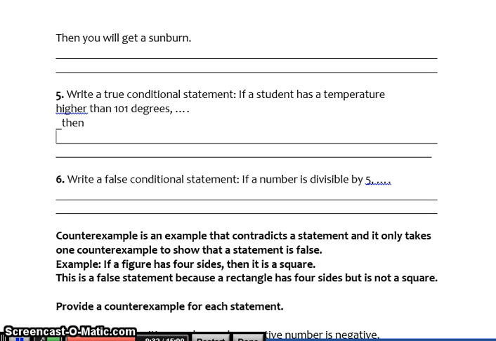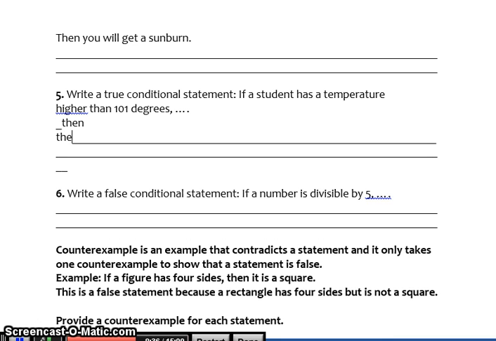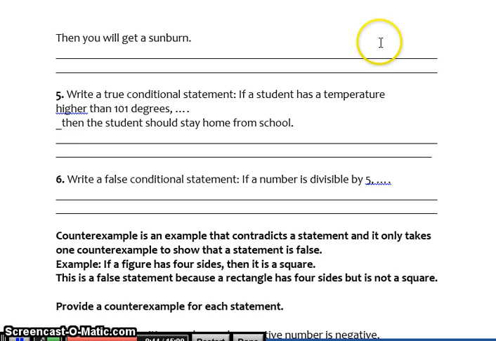So we could say if a student has a temperature higher than 101 degrees, then the student should stay home from school. Notice the should here. That is a true statement. If you have a fever higher than 101 degrees, you really should stay home from school. So we've written a true conditional statement here.